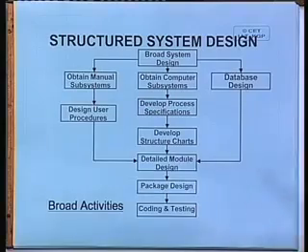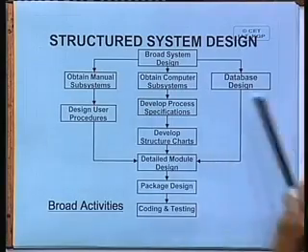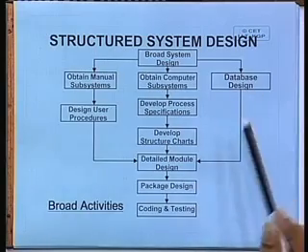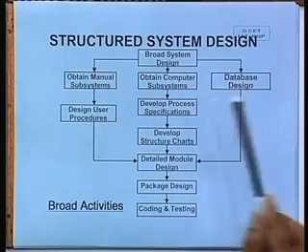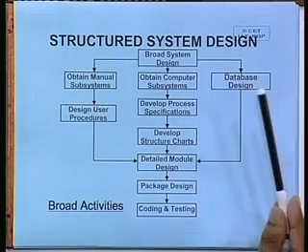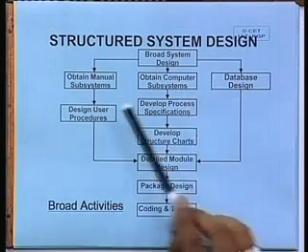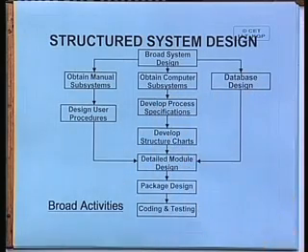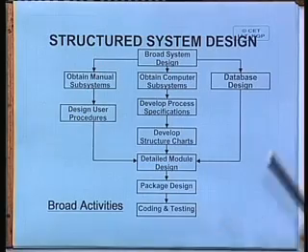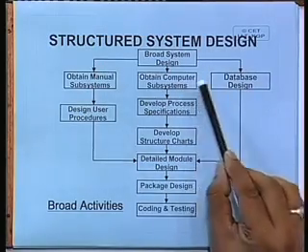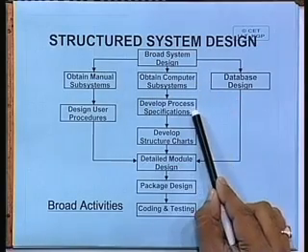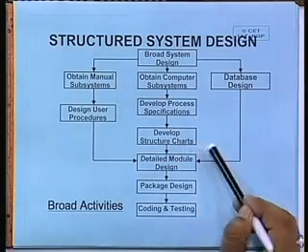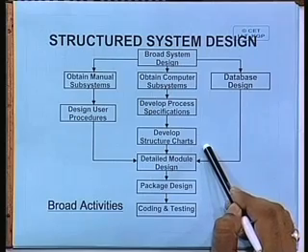Now, this is our diagram to show the design process. Basically the design has three major components. As I said before, there will be automated and manual components and we have to identify the subsystems. For the automated subsystems, which we call the computer subsystems, we have to develop process specifications and then we have to develop structure charts.